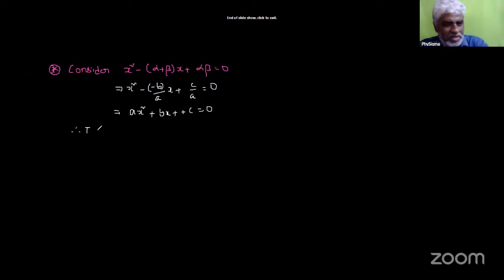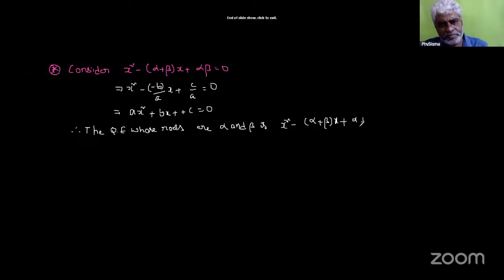Therefore, the quadratic equation whose roots are alpha and beta is x square minus sum of the roots, alpha plus beta into x, plus alpha beta is equal to 0. Next, last point.